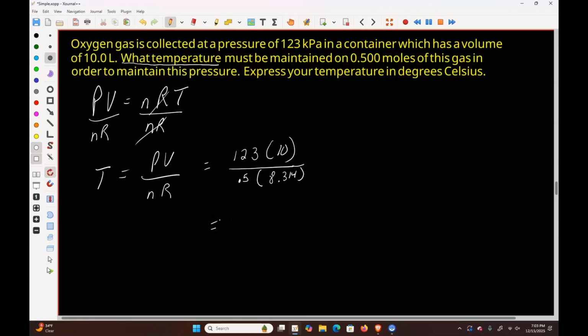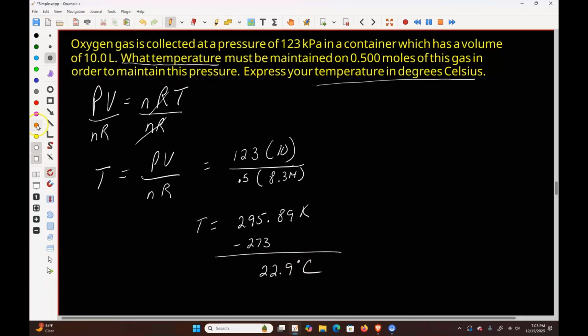So when I solve this, my temperature is going to be 295.89 Kelvin. But it says to give the temperature in degrees Celsius, so I'm going to subtract 273 from this. So that would give me 22.9 degrees Celsius.